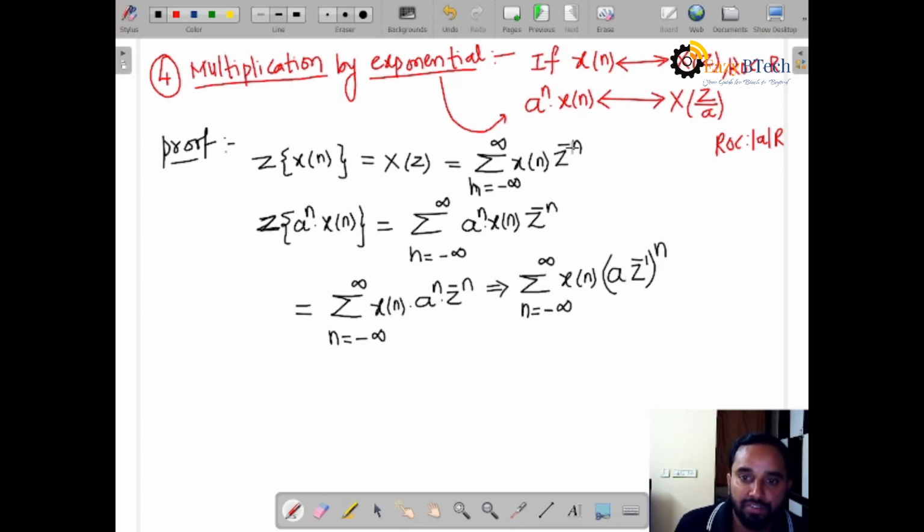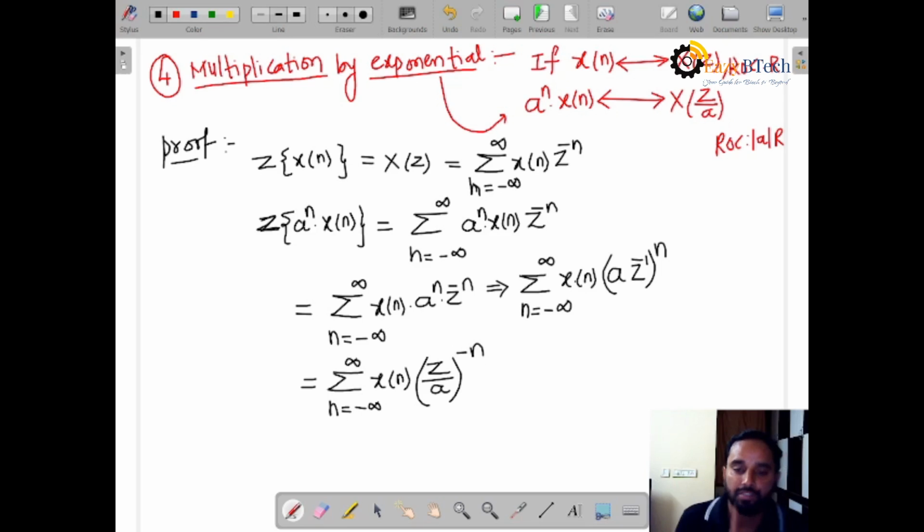But in the Z transform formula, we should have x of n z power minus n. In that format we have. So I am going to write it in that Z transform formula format. Summation n equals minus infinity to plus infinity of x of n, z by a, power minus n. Is it right?